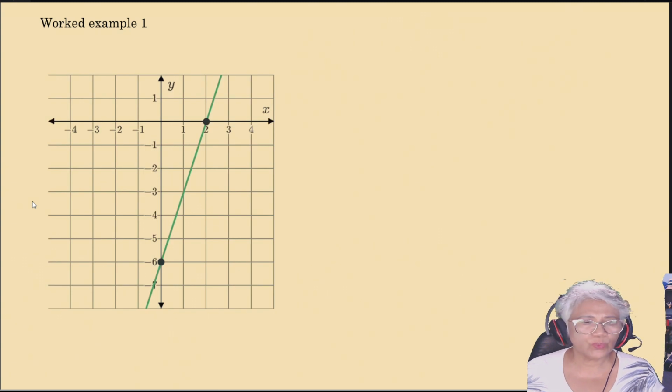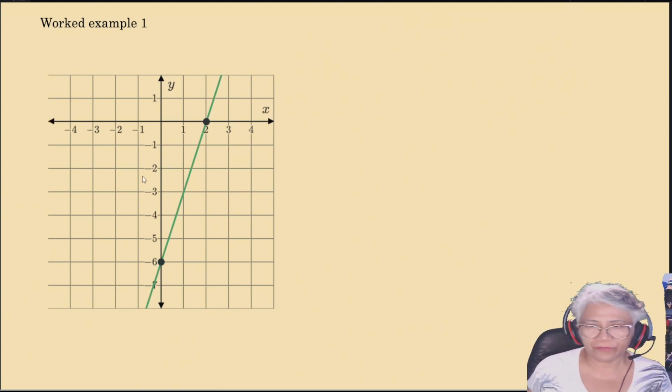Okay, so now we're going to look at work example number 1. Alright, so we have here a graph. So the green line is the line. Okay, so we have 2 dots here. So this point here has coordinates of 2, 0. Right, so this point here is 2, 0.